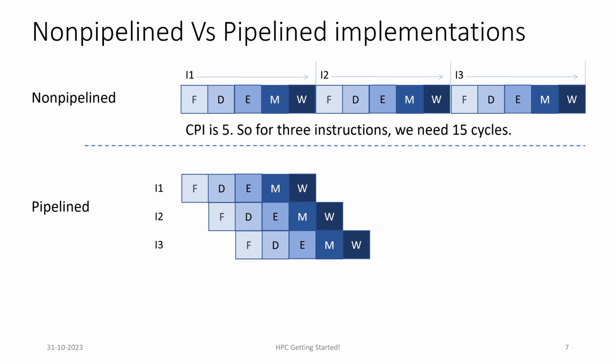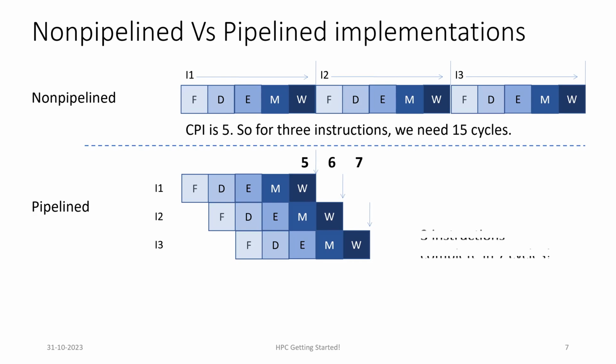Notice that instruction 1 completes in the 5th cycle, instruction 2 completes in the 6th, and instruction 3 completes by the 7th cycle. So in the unpipelined processor, we were taking 15 cycles, but in the pipelined processor, we are taking 7 cycles.